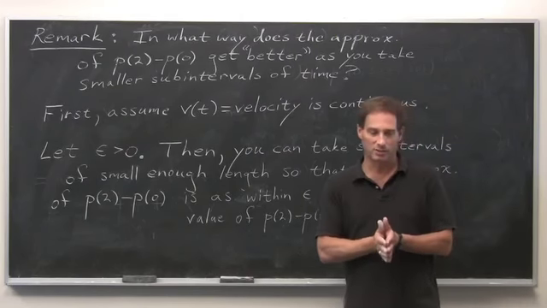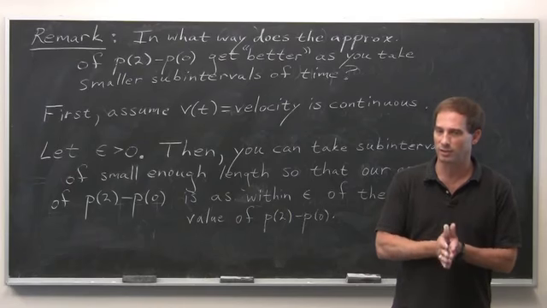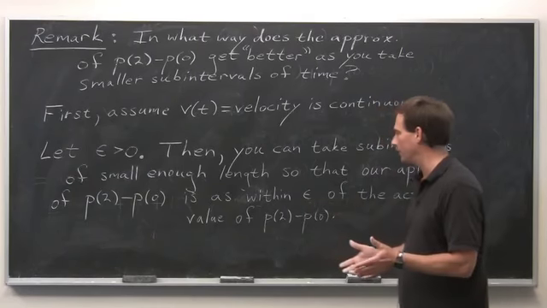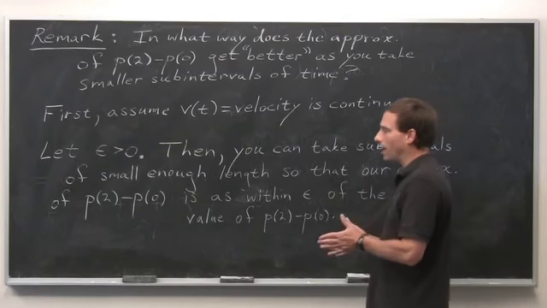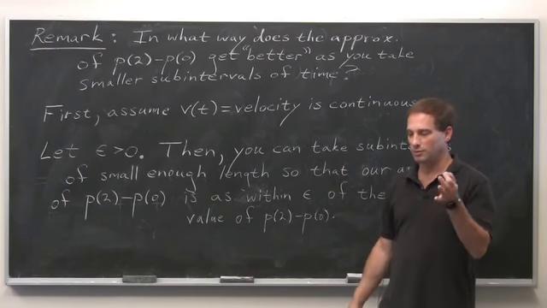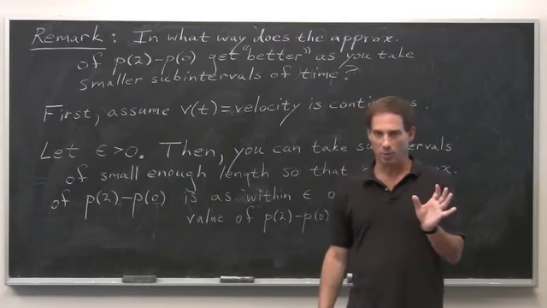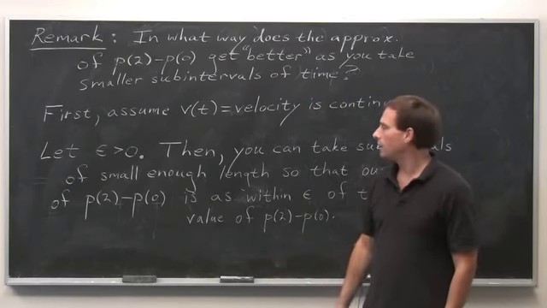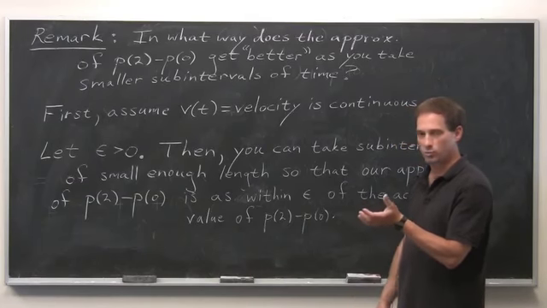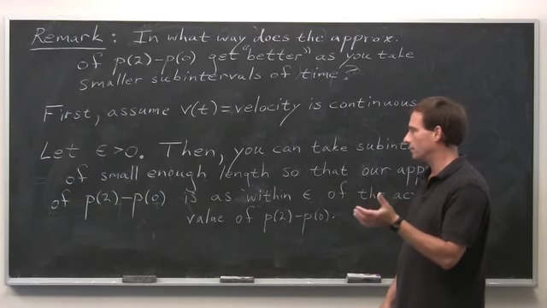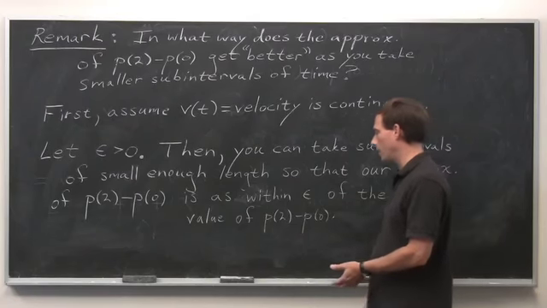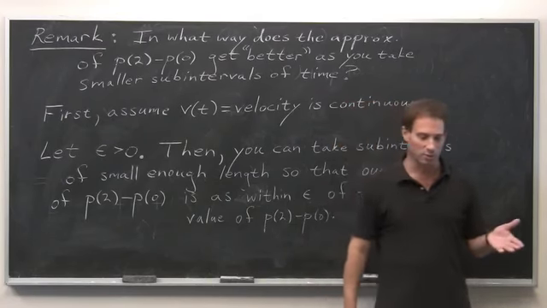It technically means there exists a delta greater than 0 such that if all of your subintervals have length less than delta, and if you are given the velocity at one time in each of your subintervals, and you go through this process that we did of taking the velocity at that given time, multiplying by the length of the subinterval, and adding, if you go through that process to estimate the displacement, and you've picked your subintervals of length smaller than this delta greater than 0, then you can make that approximation be within epsilon of P of 2 minus P of 0.